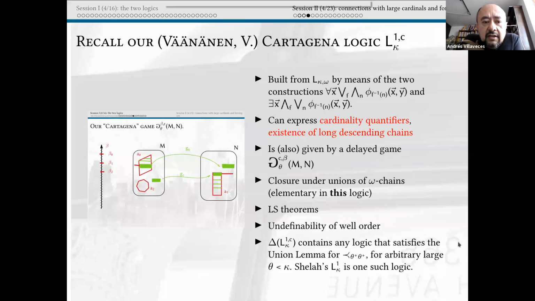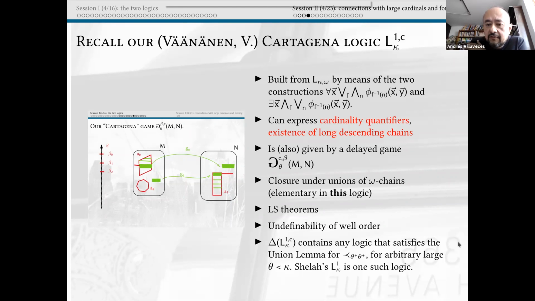So there was this, from our joint work with Jouko Väänänen, Cartagena logic, L1C kappa. It is similar, but now we built it from L kappa omega by means of two constructions. So we have these two basic constructs, which are a long universal quantifier up to theta, and then disjunction over functions from theta into n.